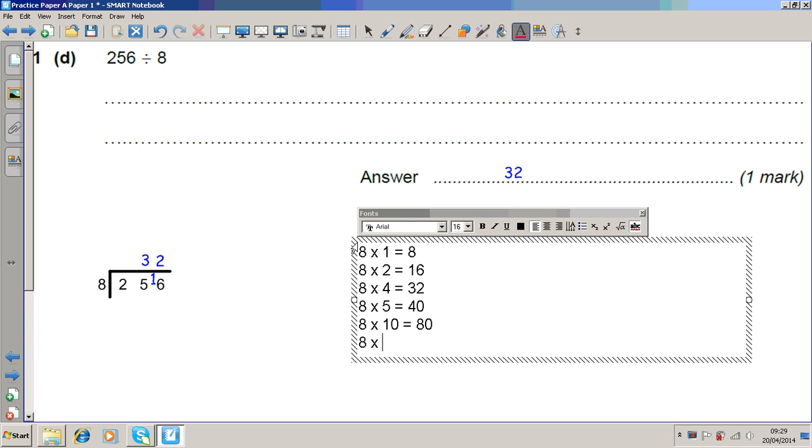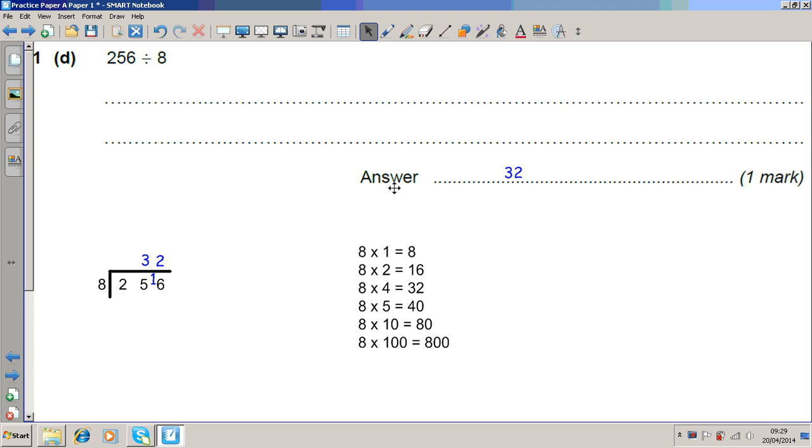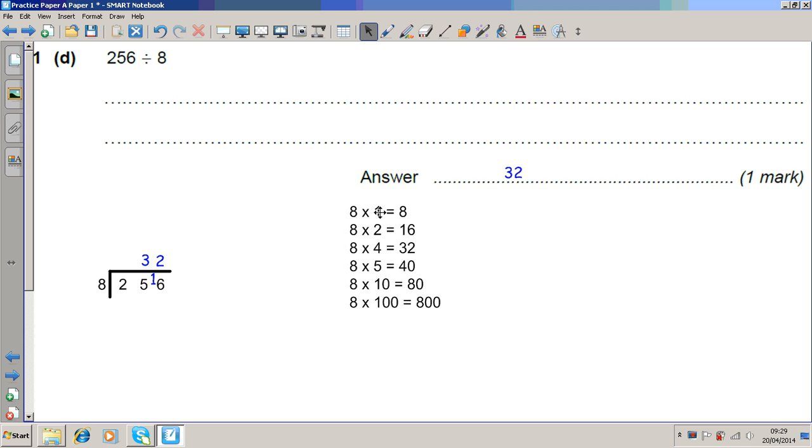And 8 times 100 equals 800. So that's a list of things to do. Always do 1, 2, 4, 5, 10 and 100. That's easy. Now what we then need to do is use these numbers here to add up to our target number, which is 256.